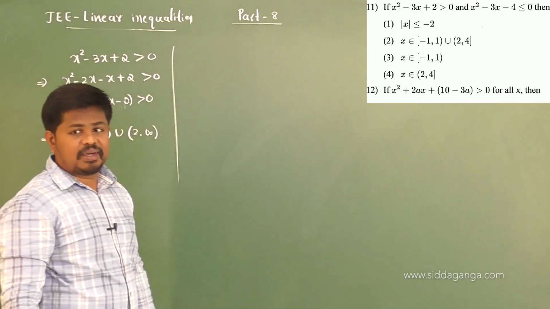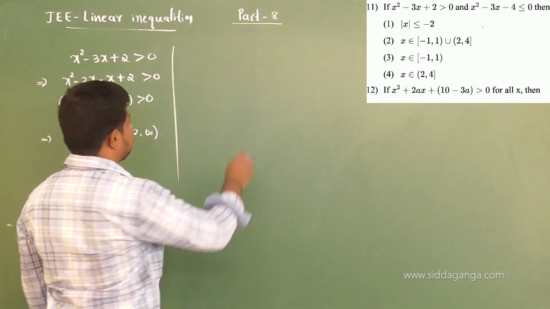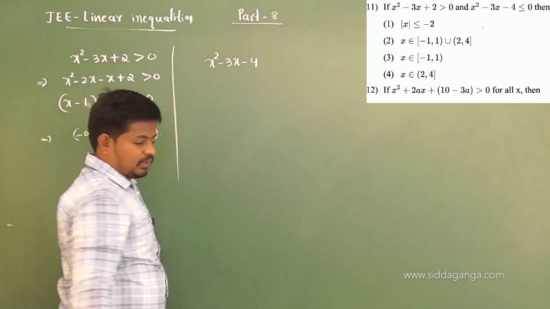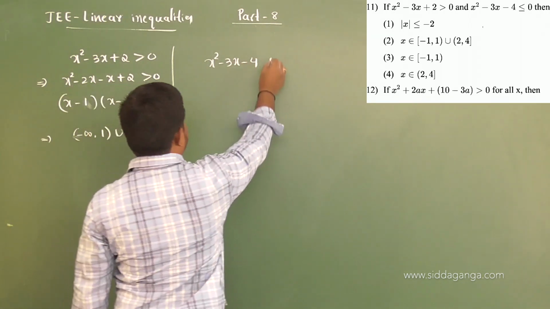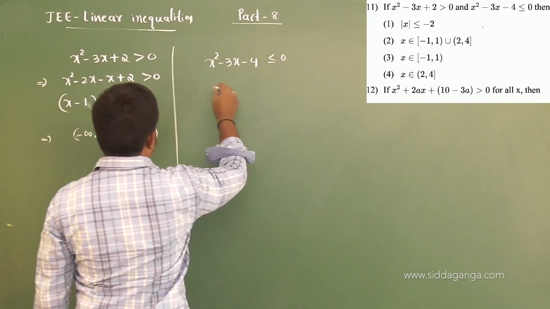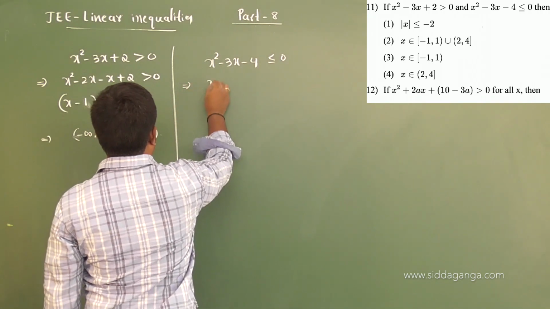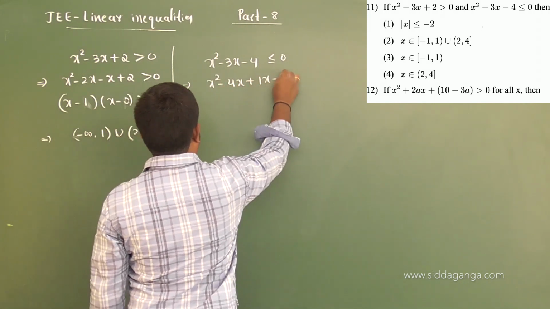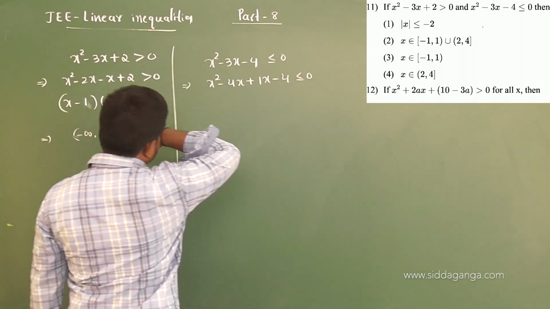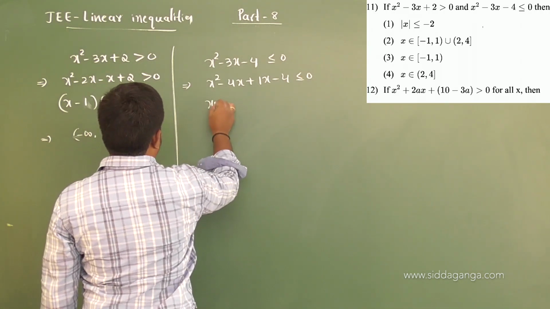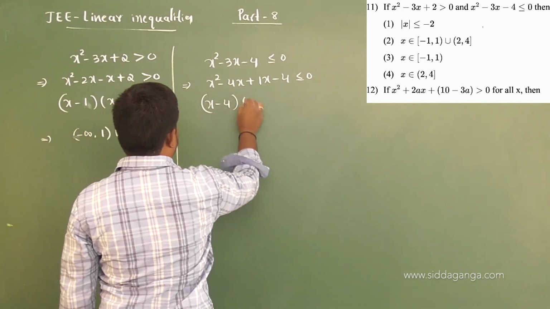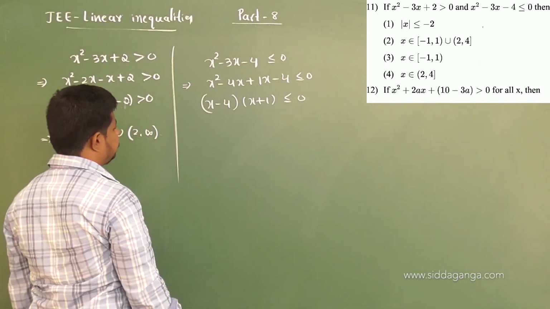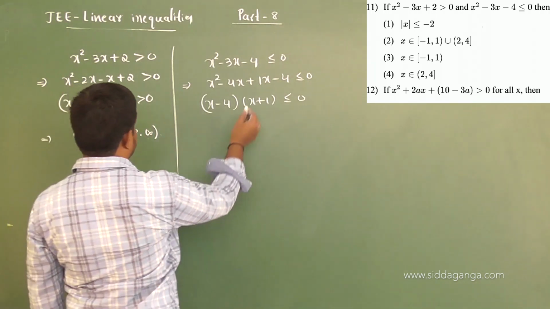Now the second inequality, we have x square minus 3x minus 4 less than or equal to 0. Same as before, let me factorize this. X square minus 4x plus 1x minus 4 less than or equal to 0. So you get x minus 4 into x plus 1 less than or equal to 0. Here a is minus 1, b is 4.